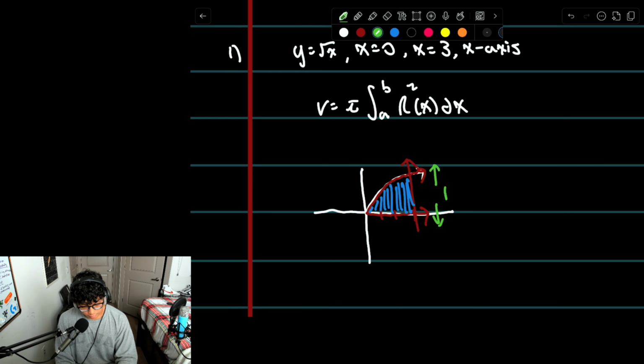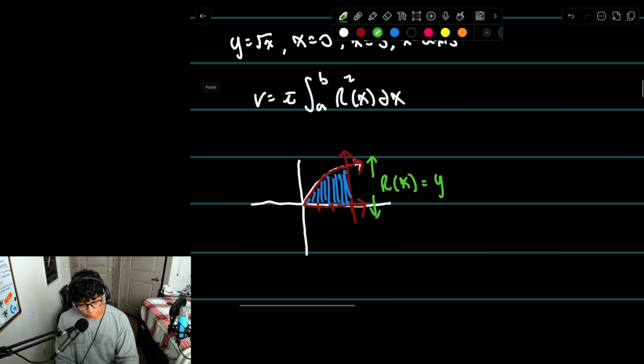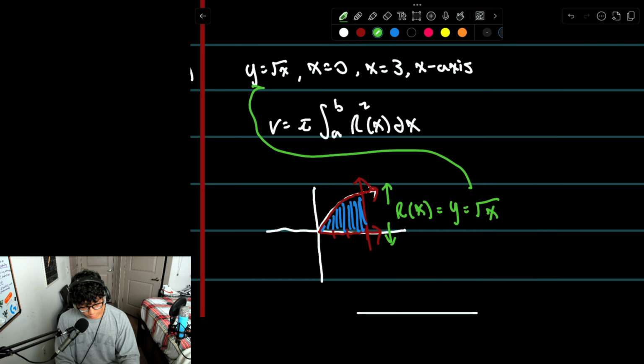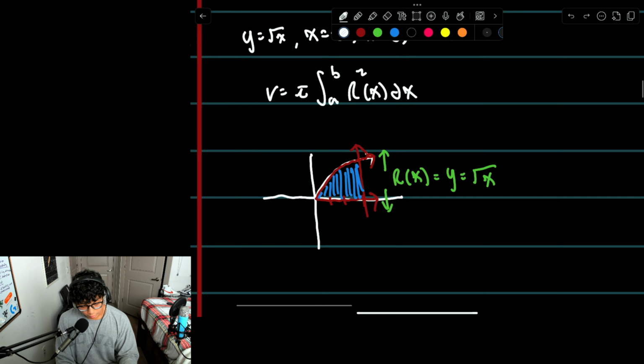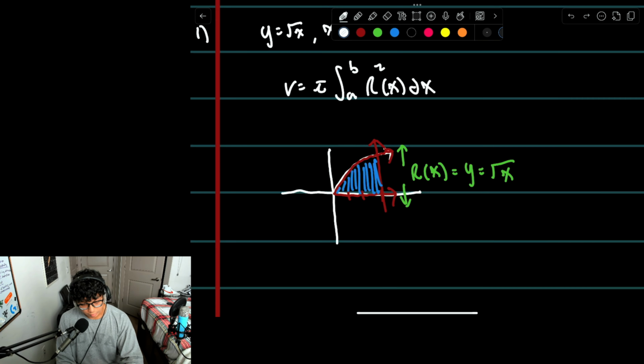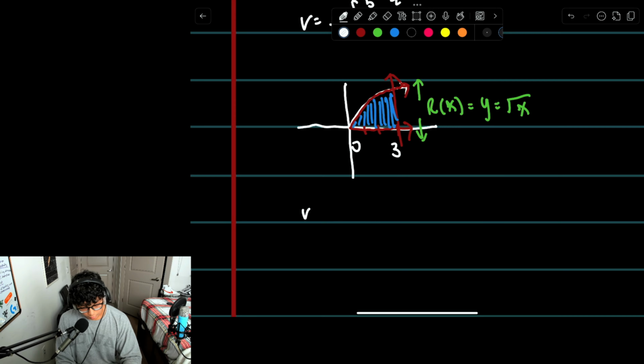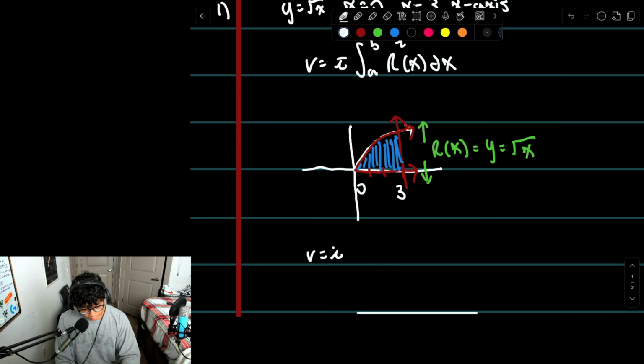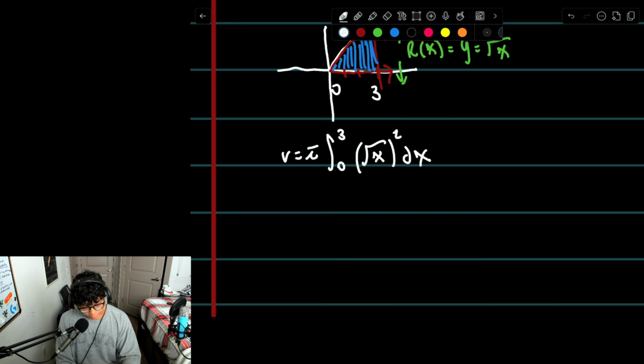Our radius is going to be this, which is equal to y, and we know that y equals the square root of x, stated here. So now that we know our r of x, and we know our bounds are 0 to 3, we can write down our equation. So the volume equals pi, bounded from 0 to 3, of the square root of x squared dx. And we could simplify that further by writing down square root of x squared is x, dx.